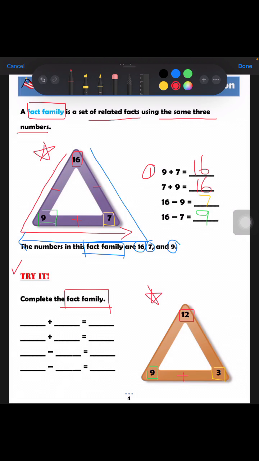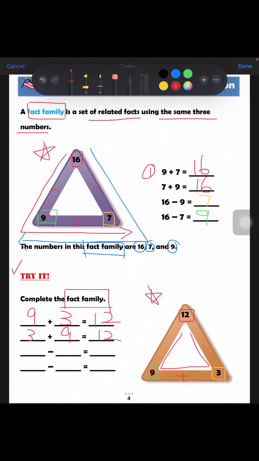First, 9 plus 3 equals, yes, it equals 12. So 9 plus 3 equals 12. Next, 3 plus 9 is also 12.